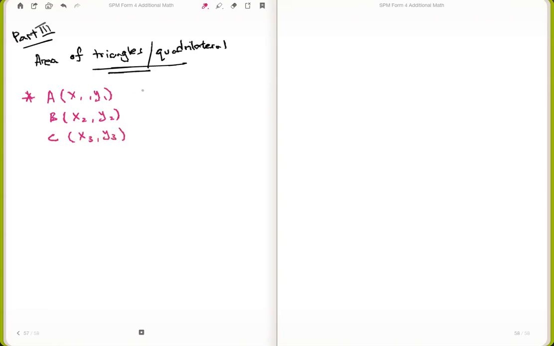One thing you need to do whenever you come across this kind of question is arrange your coordinates in ascending order. Meaning A, B, C, x3 should be towards the far right, whereas x1 should be over far left.